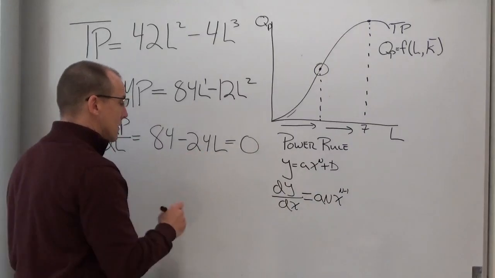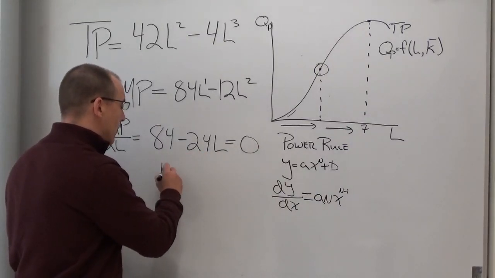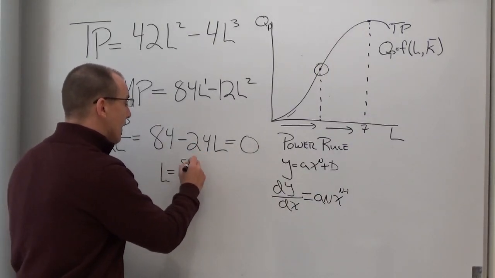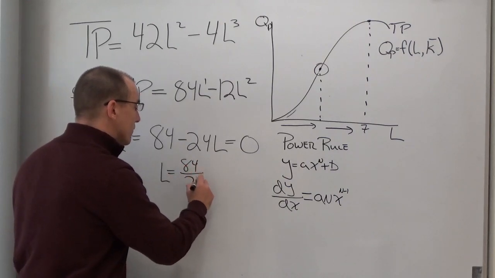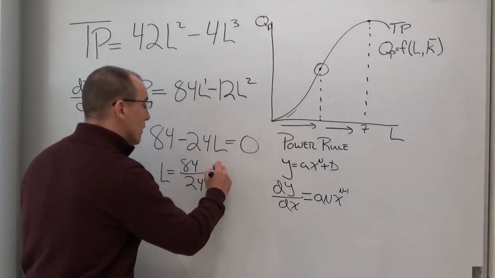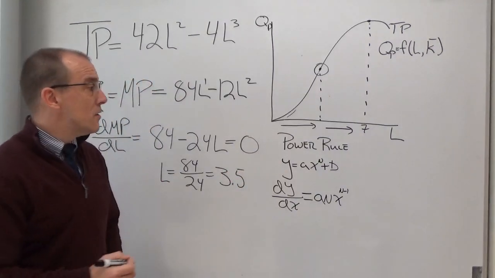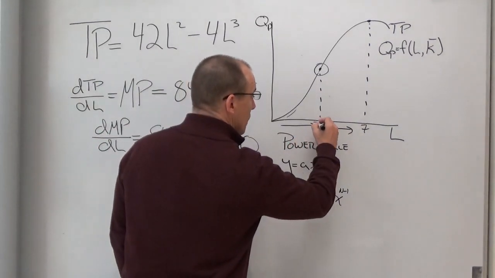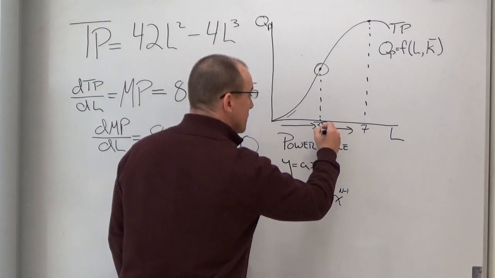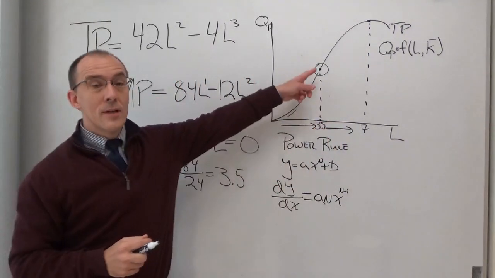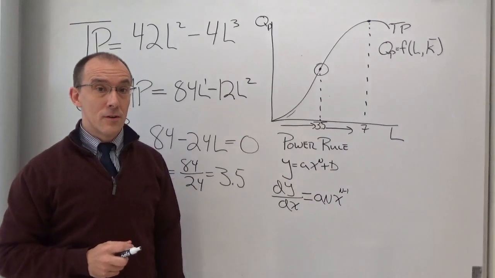Mathematically, I just use my algebra now. L equals 84 over 24, which will equal 3.5. So what this tells me is that at 3.5, I pass my point of diminishing marginal returns.